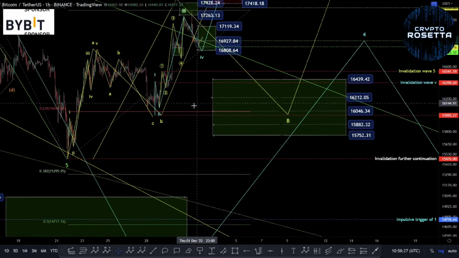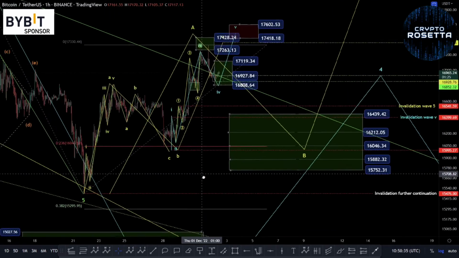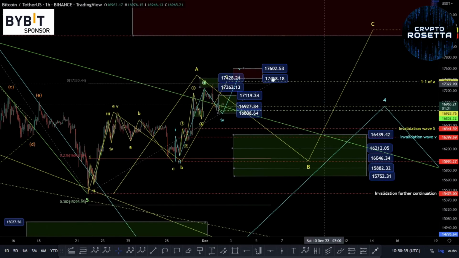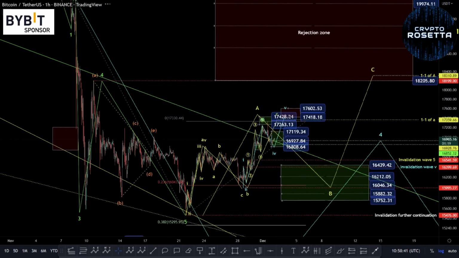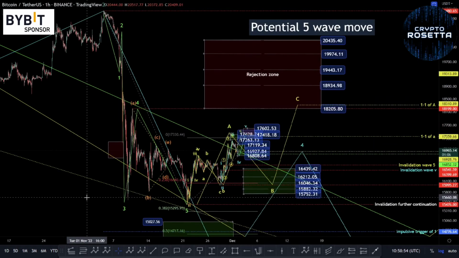Though, should we lose this 15,476 area, then we would be looking for a much lower target in that case. And what that would be is that we'd have to project out this as a wave 1, and then this potentially as a completed wave 2, and either we're going to drop into a wave 3, or this would be just a simple ABC.